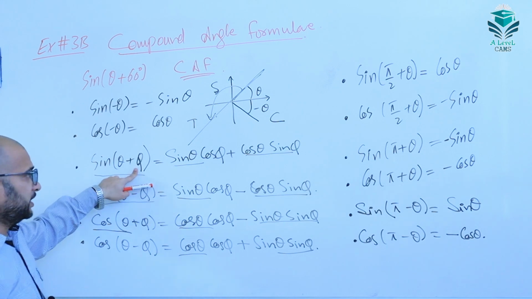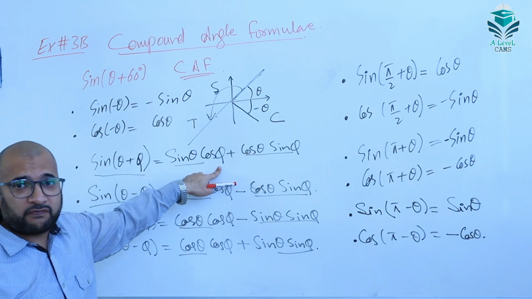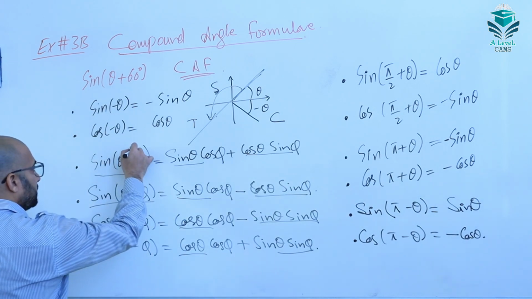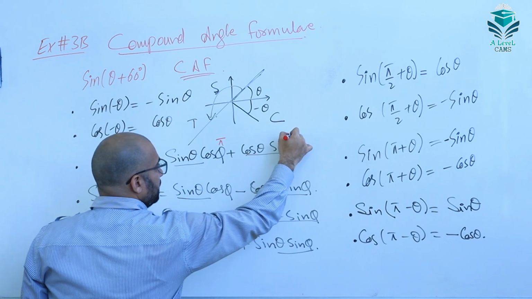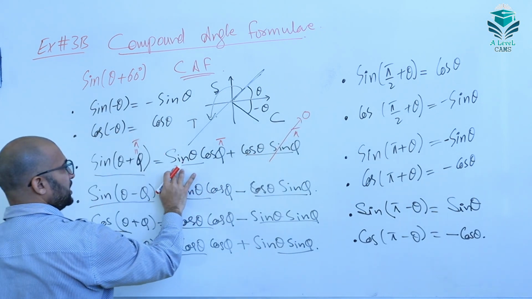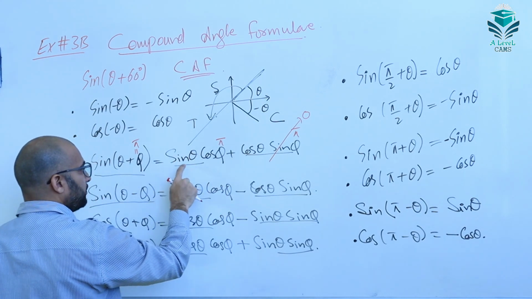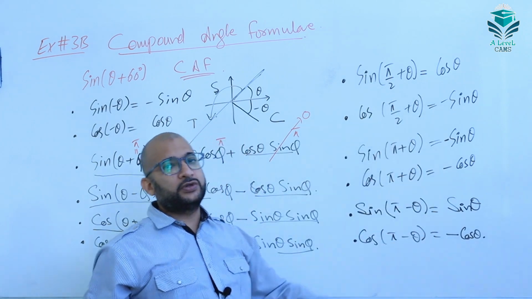If you take phi equal to pi and put the values here, you will get the same answer. Sine pi is 0, and cos pi is minus 1, so you have minus sine theta. And similarly you can verify all the others.